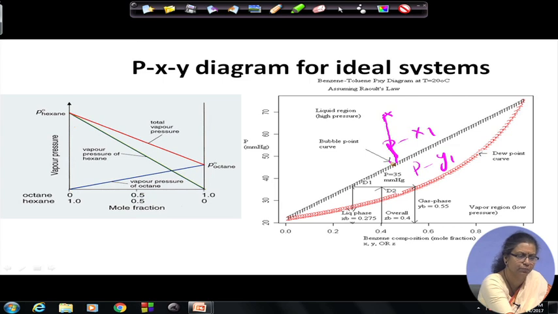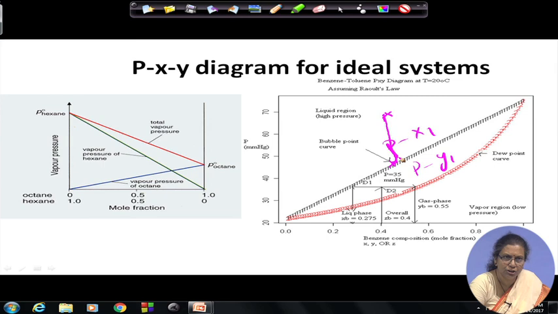There is no change in composition, just the pressure over the liquid keeps on getting lesser and lesser. This continues till the liquid strikes the saturated liquid curve. When it strikes the saturated liquid curve, what happens? The first vapor bubble appears.